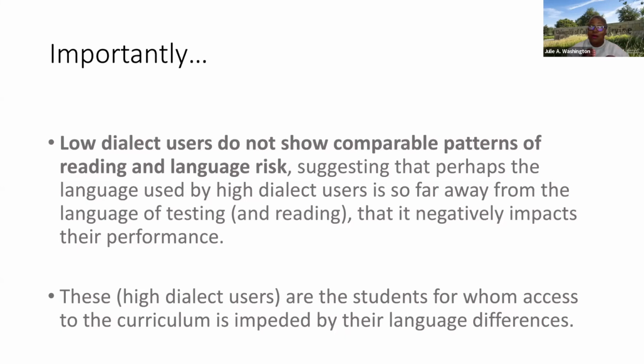So we are not really surprised if the text is in English and you read Spanish only, that you are not performing well, because you need to be able to switch languages. But what we're finding is that even within language, if you are using a language variety that differs significantly from print, it's going to impact reading development.